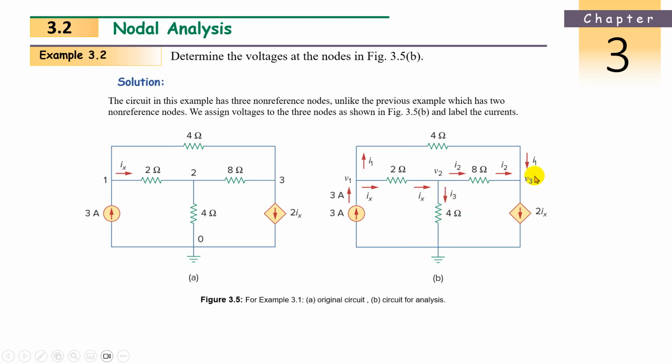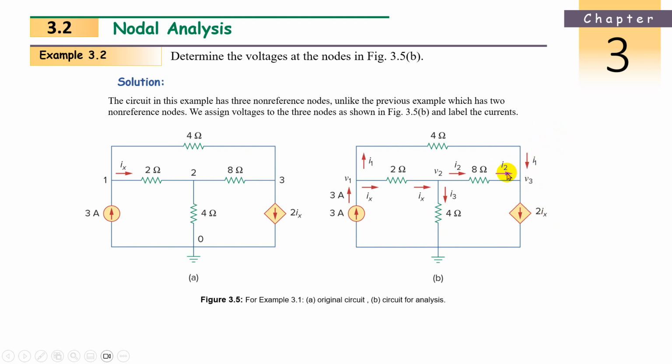Rearrange it, you will get it in terms of V1, V2, V3. No problem. Now, third node, what are the currents entering? I2 and I1. What are the currents leaving? 2Ix. So I2 plus I1 equals 2Ix.